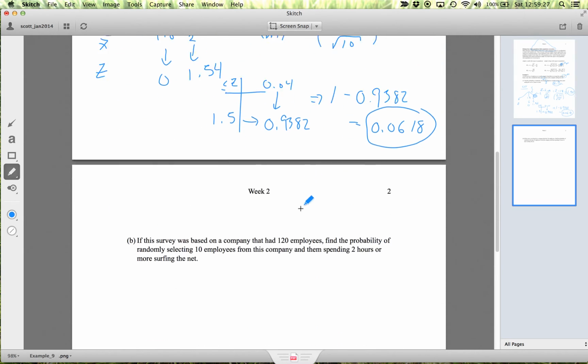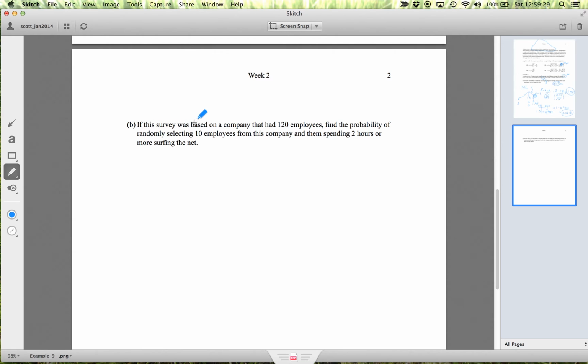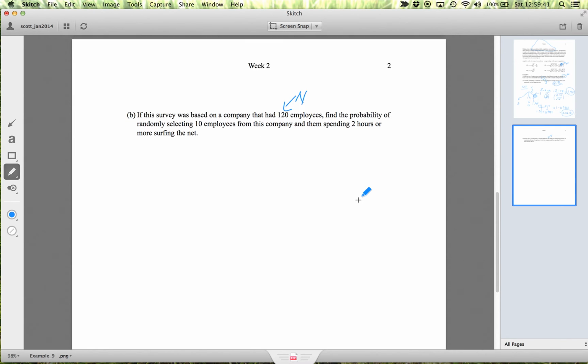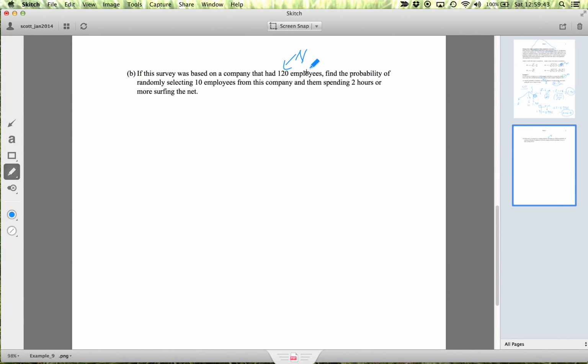So let's look at B. It says if this survey was based on a company that had 120 employees, so now we do know the population size, then we want to find the probability of randomly selecting 10 employees and them spending 2 hours or more surfing the net. So the exact same question, the only difference is now we know what the population size is here. Again, we're going to be using the central limit theorem.